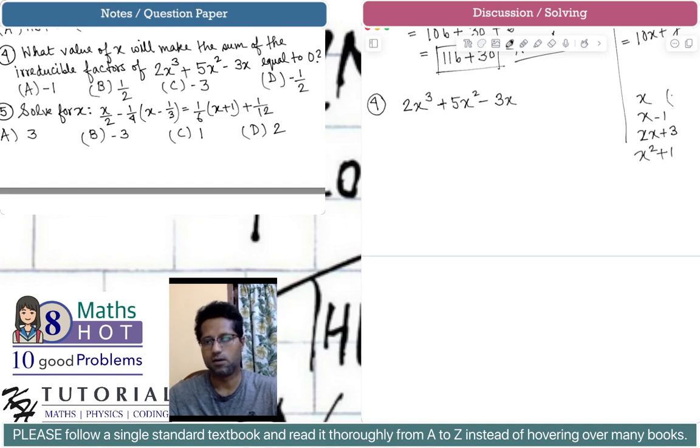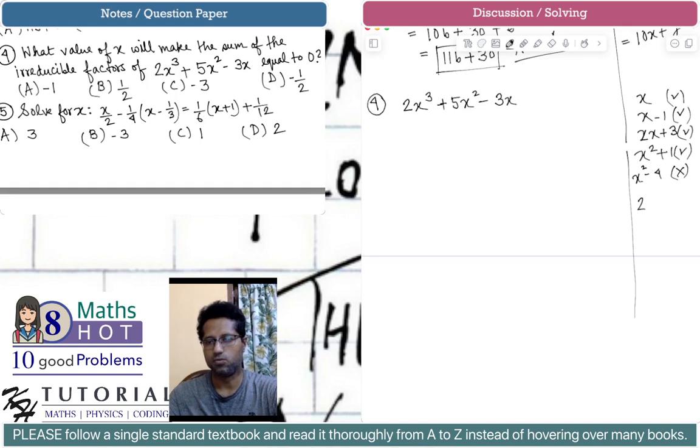But x square minus 4 is not an irreducible factor because it can be further factorized into the product of x minus 2 and x plus 2.